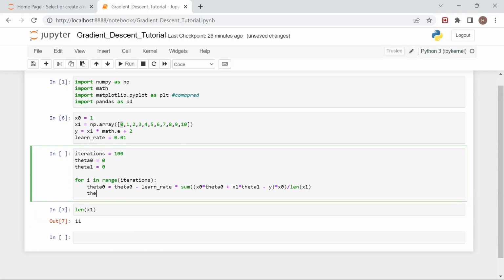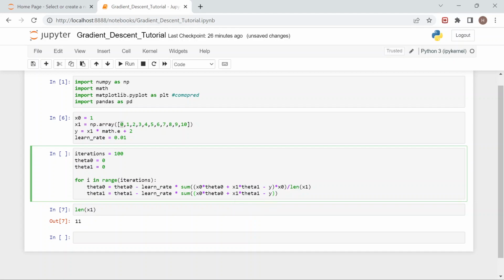Now I will do the same for theta 1, which will be theta 1 minus learn rate times the sum, and instead of x0, we'll have this as well: x0 theta 0 plus x1 times theta 1 minus y.